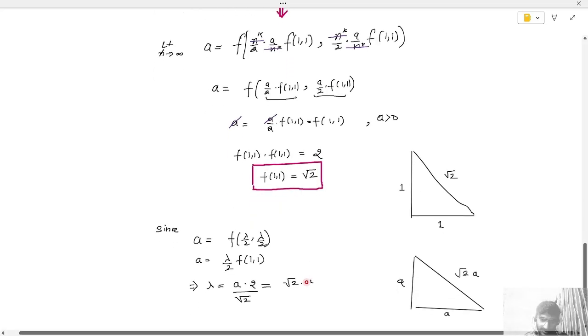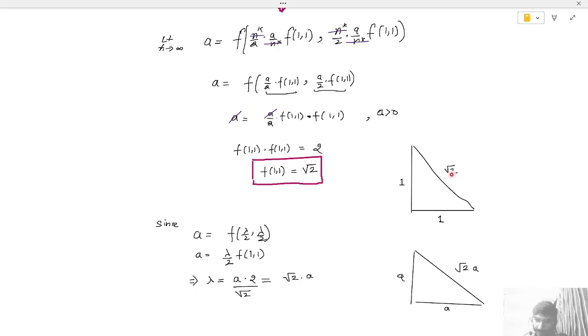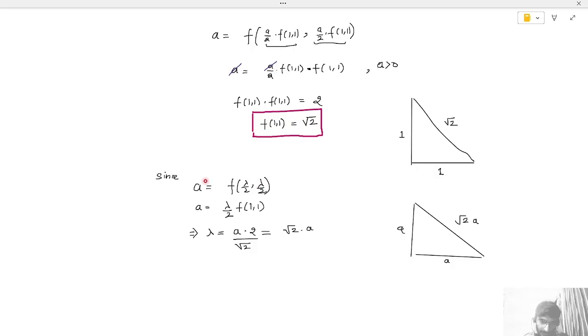Now what this says is that if you have a right-angled triangle, the base 1 perpendicular 1, the hypotenuse length will be root 2. And then you can find it for a general base and perpendicular, given both are the same, that is equal to a. So a was f of lambda by 2 and lambda by 2, and we can take lambda by 2 out as common, and we are left with lambda by 2 into f of 1 comma 1.